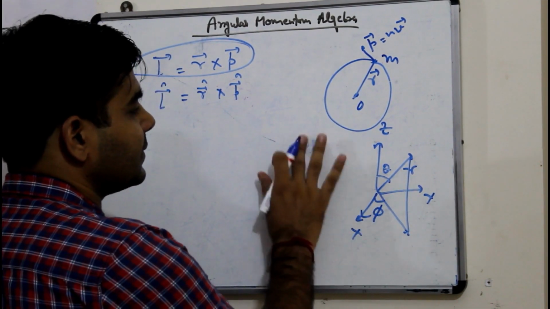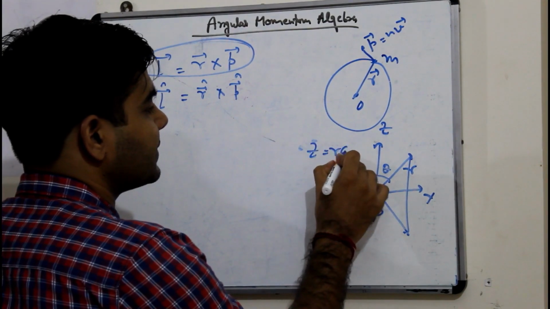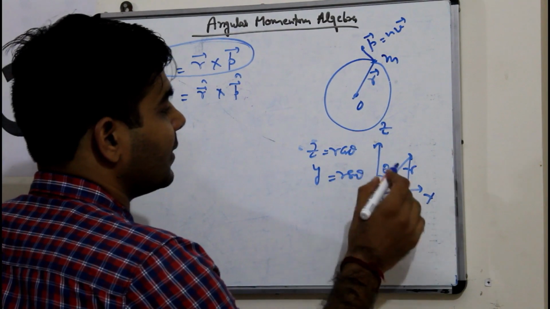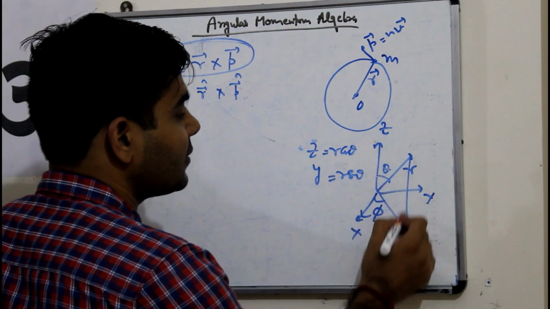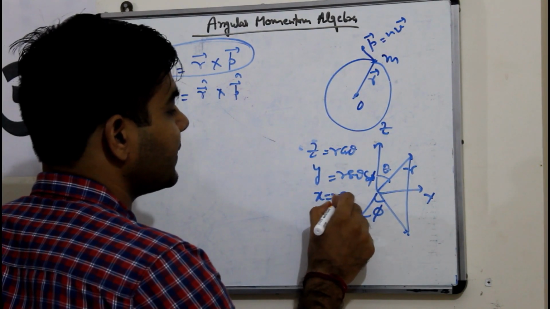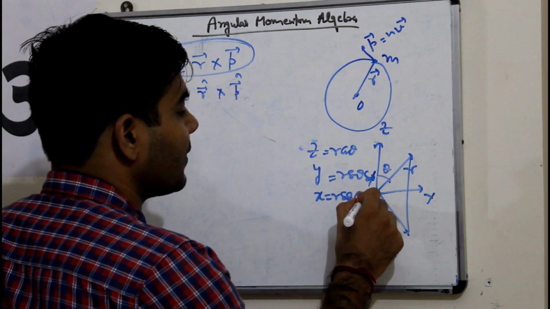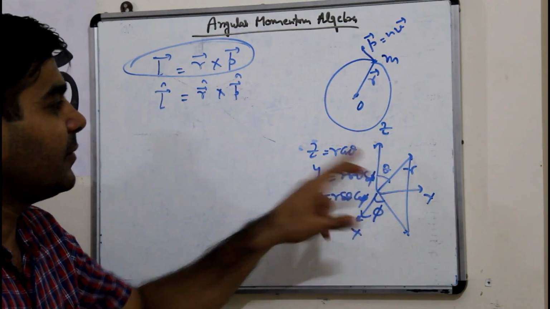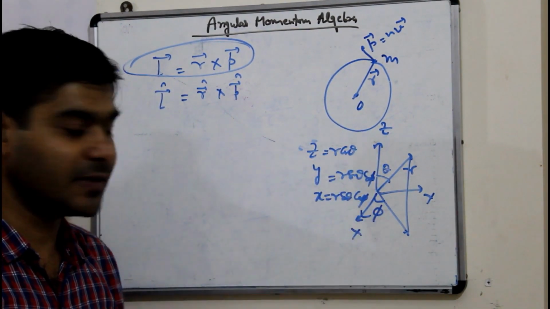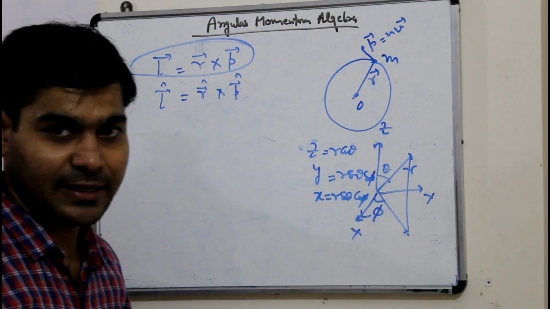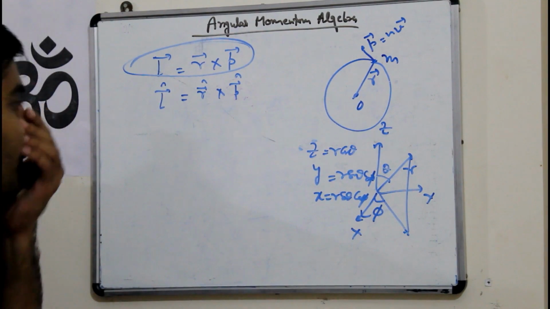We know that z equals r cos theta, y equals r sin theta sin phi, and x equals r sin theta cos phi. All these things we know. Symbols have the usual meaning, where theta is the angle with the positive z axis, and phi is the angle with the positive x axis of the component of r along the xy plane.